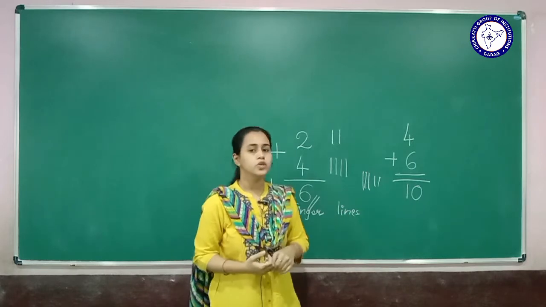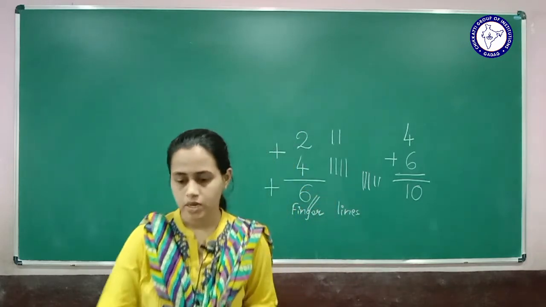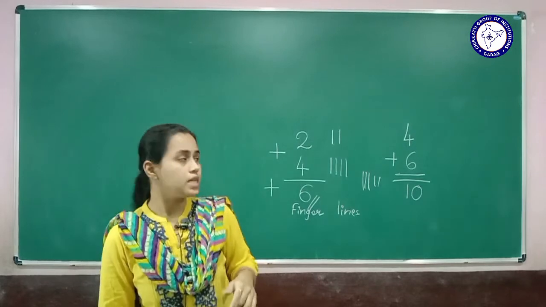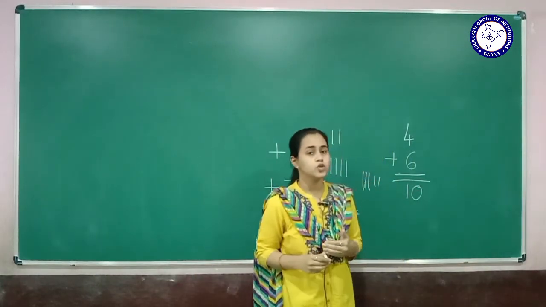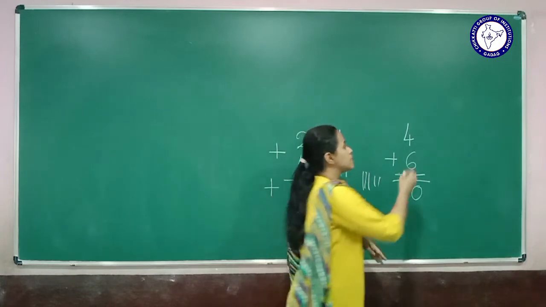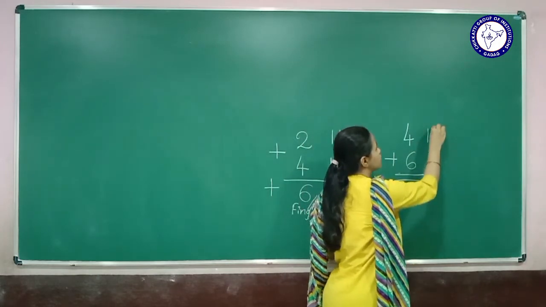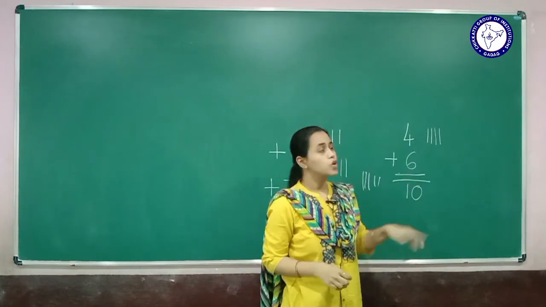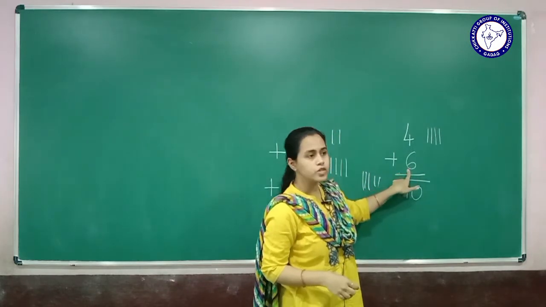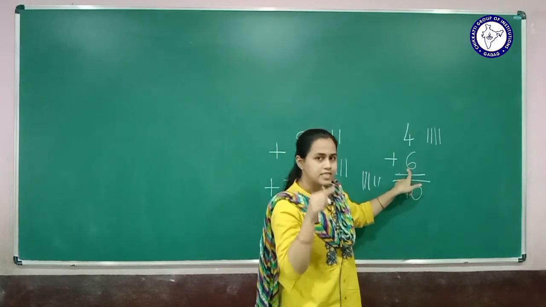How should we write it with lines? Here 4. How many lines do we have to draw? 4. So here 1, 2, 3, 4. How many lines do I have to draw here? Which number is this? 6.